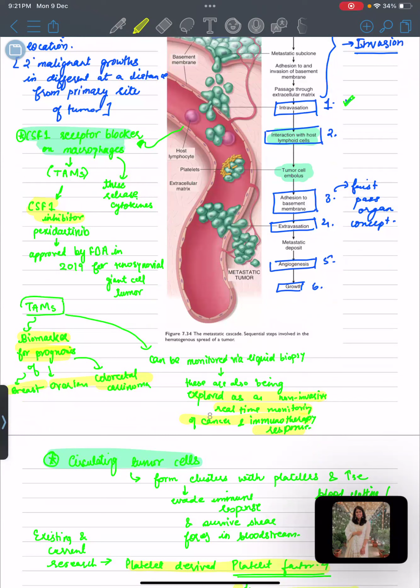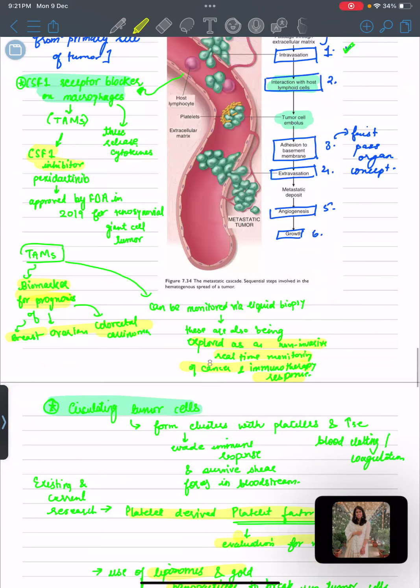TAMs are also being studied as a biomarker for prognosis of breast cancer, ovarian cancer, and colorectal carcinoma.